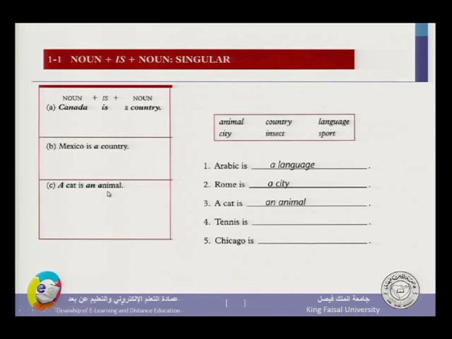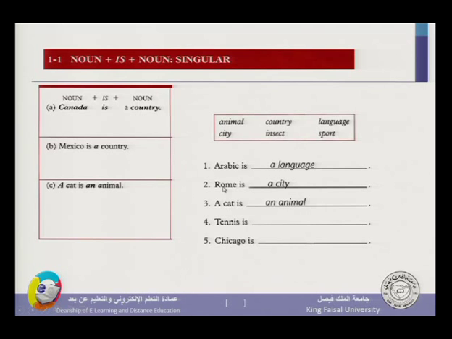All right? So let's try this here in this exercise, a brief one. We can choose from this box. We have animal, country, language, city, insect, sport. So the first one, Arabic is a language, all right, no problem. So Arabic is a noun here, language is a noun, Arabic is singular, language is singular, right, and is in the middle.